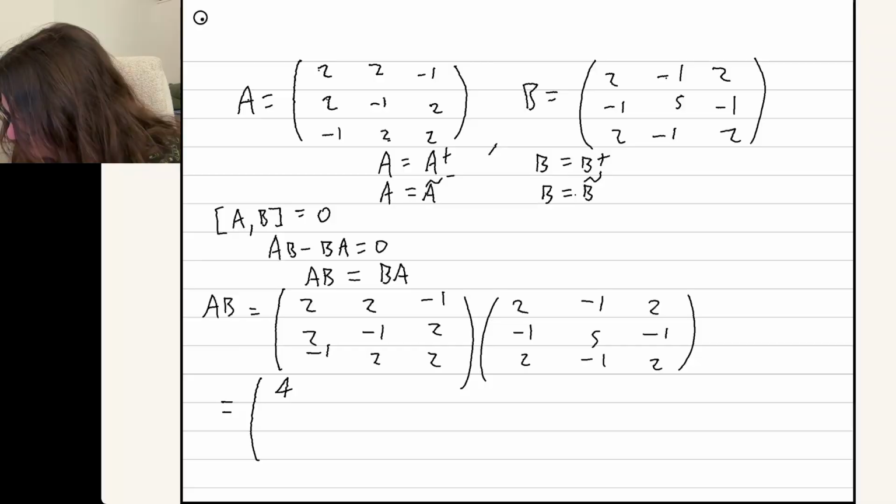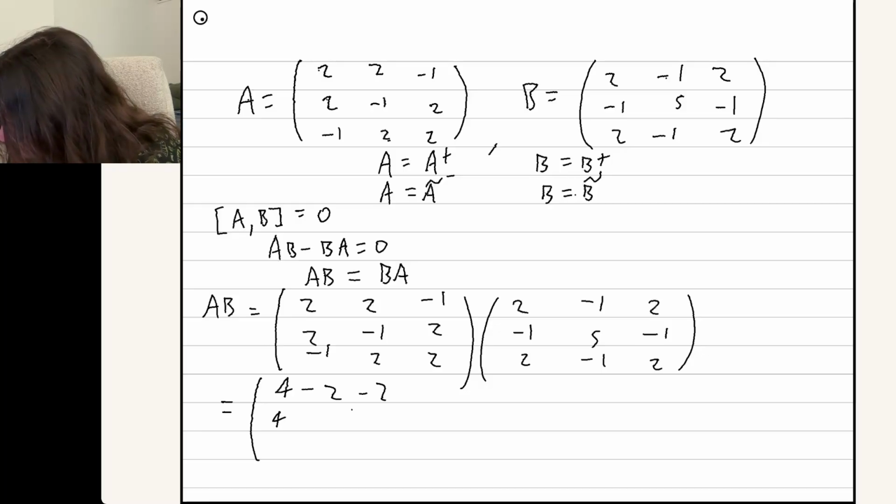4, minus 2, and then also minus 2. And then 4 plus 1 plus 4, and then minus 2, minus 2 plus 4. Interesting.